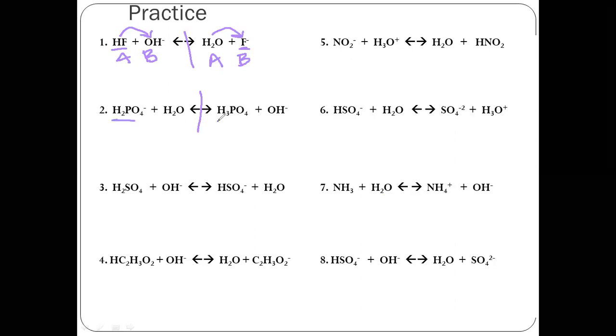H2PO4 needs to change to H3PO4, so it needs to get an H. It gets an H from water, base, acid. And then H3PO4 needs to lose an H to get back to H2PO4. So basically, if the one you're looking at gains one on the left side, it has to lose the H on the other side. So this is the acid, base.